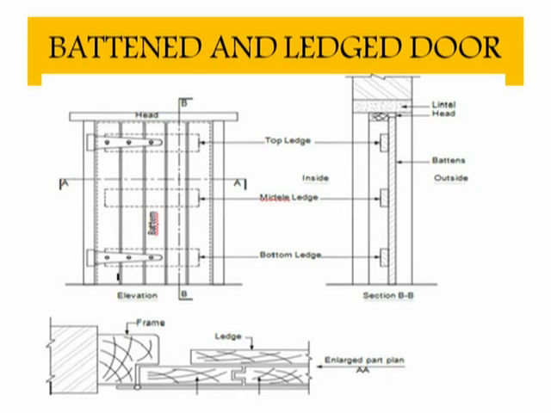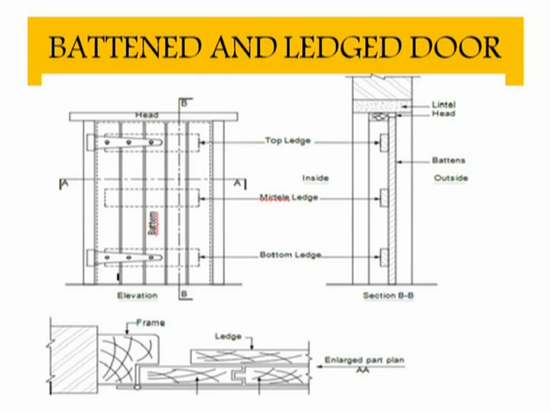Here you see the horizontal small wooden planks in the shutter of the door, known as the battens, and these battens are connected by another horizontal member known as a ledge. This way the name of the door is the battened and ledged door.